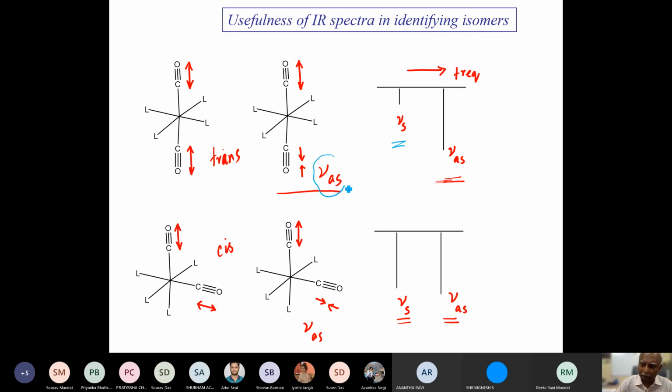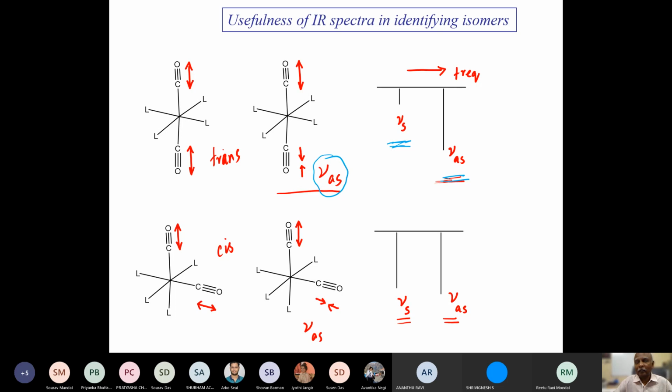So two different types of stretches are found for a metal dicarbonyl complex which is having a trans geometry. So nu S and nu AS. And these two stretching frequencies turn out to be unequally populated.